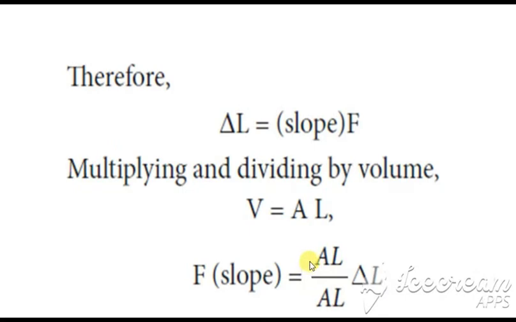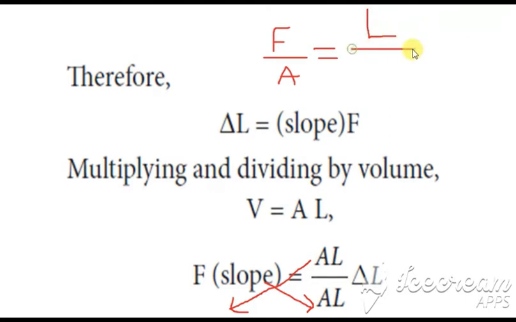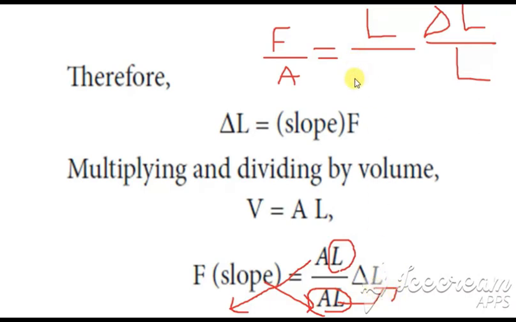Now bringing this A down, and this slope we write on this side, we write this as F divided by A. Here we have the term L alone, and here we have A into L, and this can be written as del L divided by L. I've joined this L in this, and here we have the term A, and bringing the slope down, we write it as into slope.